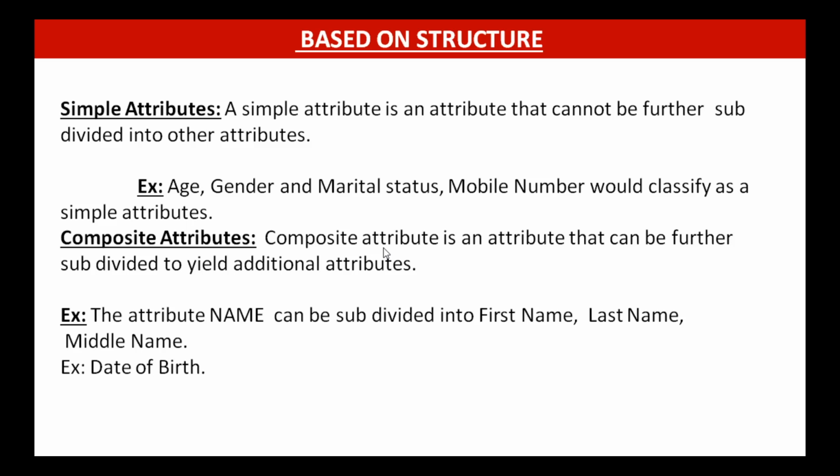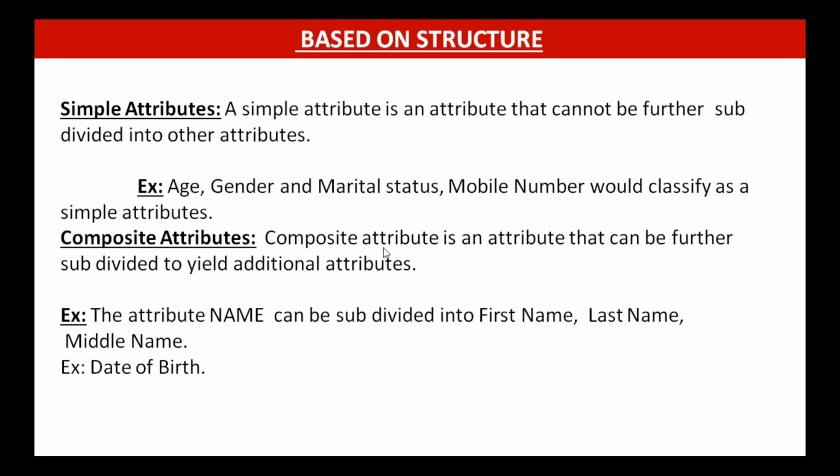Coming to the composite attributes. A composite attribute is an attribute that can be further subdivided to yield additional attributes. For example, name and address. Name can be subdivided into first name, last name and middle name. Those are also attributes. Coming to date of birth, that can be further subdivided into month, year and date.